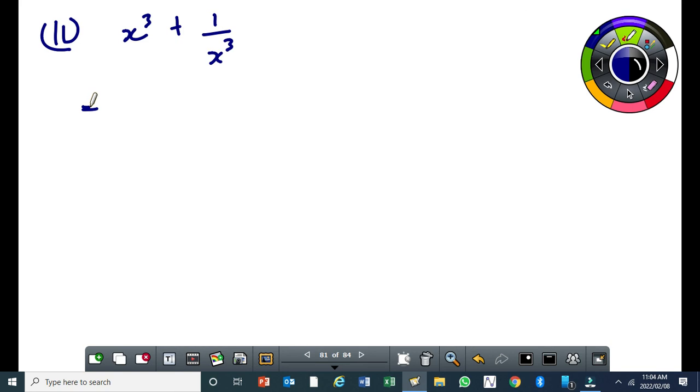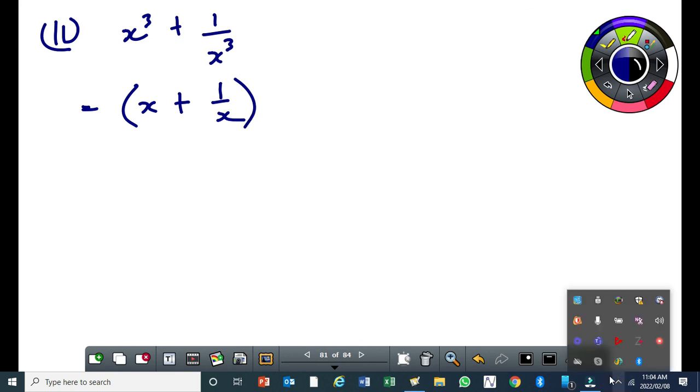So, the cube root of x cubed is x plus the cube root of 1 over x cubed, which is 1 over x. So we put 1 over x there. Then you close the bracket. Once you get your binomial correct, the trinomial should be automatic. You don't have to memorize what the trinomial is going to look like.